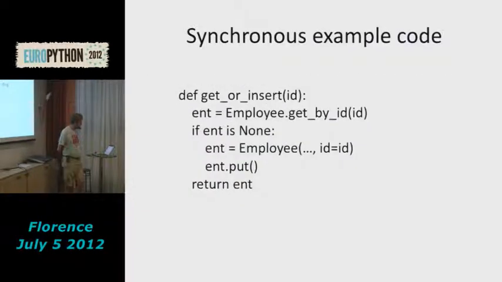So let's take an example. Here's a very simple function. This is synchronous. This is very basic NDB synchronous code. So let's define a function get_or_insert, and it takes an ID as a parameter. This is going to ask the data store, is there an entity with this key? Well, it's actually just the ID part of the key.